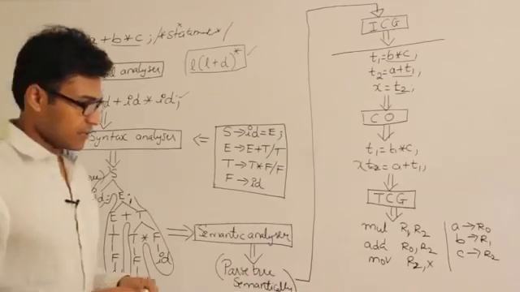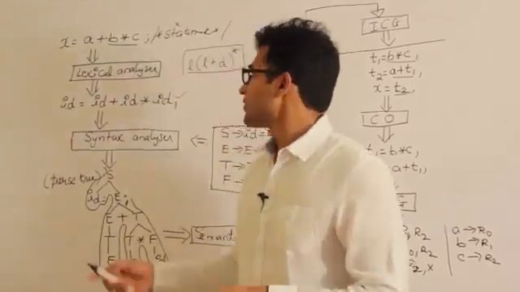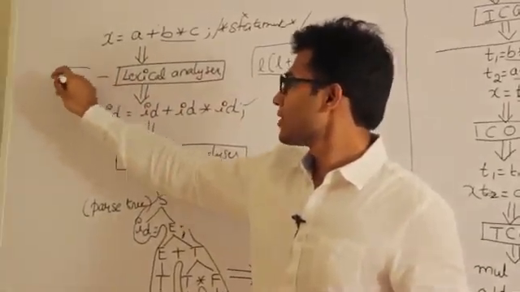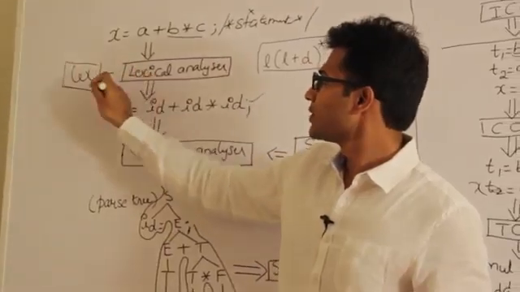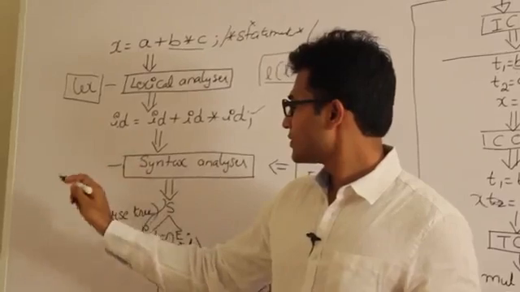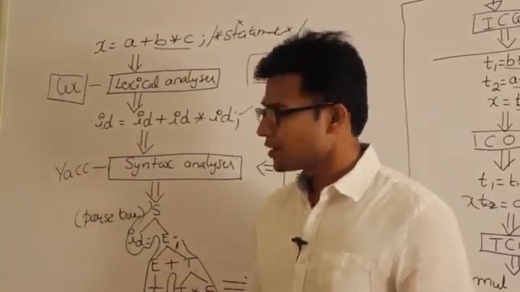If you are interested in implementing a compiler, there are various tools available. First, for the lexical analyzer there is a tool called Lex available in Unix. So you can implement the lexical analyzer using Lex. And for the syntax analyzer there is a tool called YACC, yet another compiler compiler.